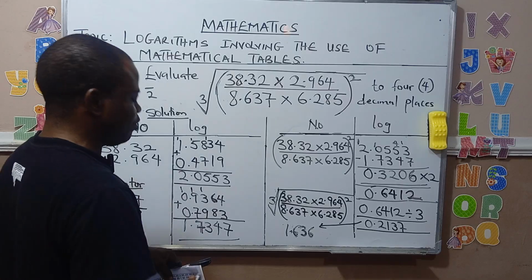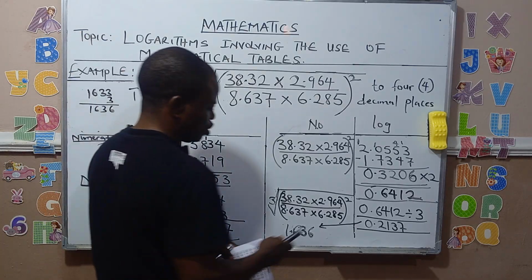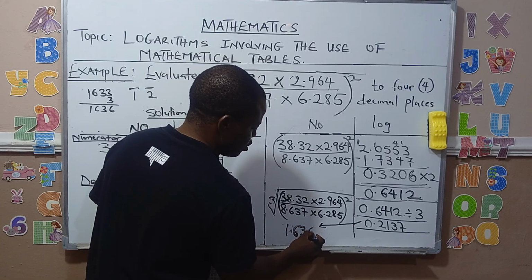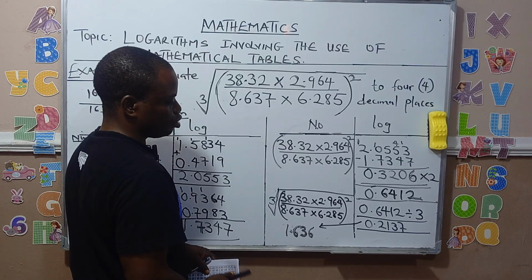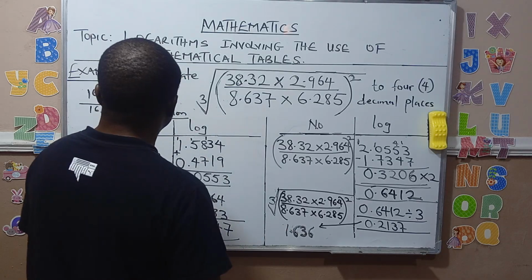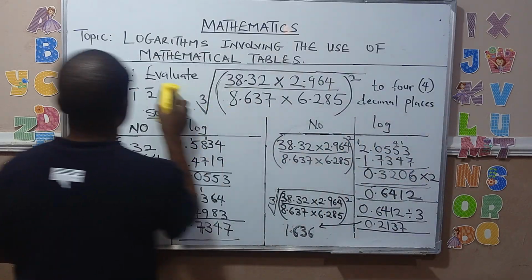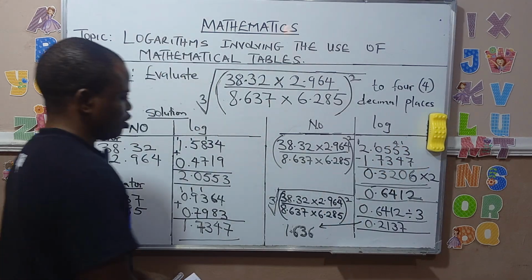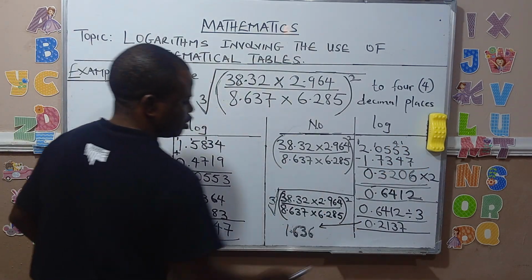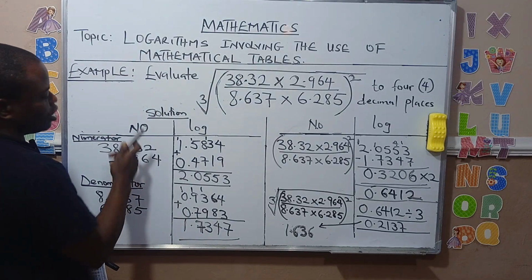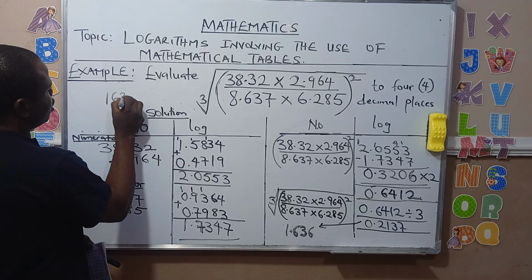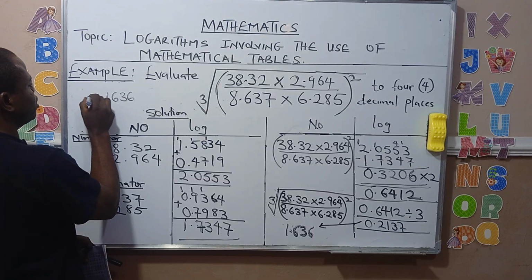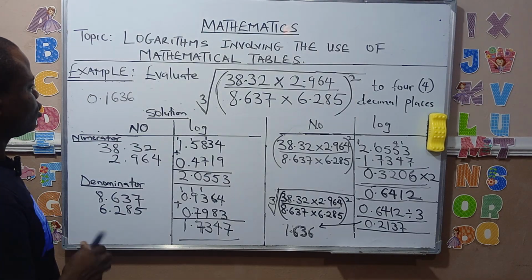1.636. But had it been you having bar 1 in the question, in the final answer, you just write the number like 1636 and add 0 point at the front.